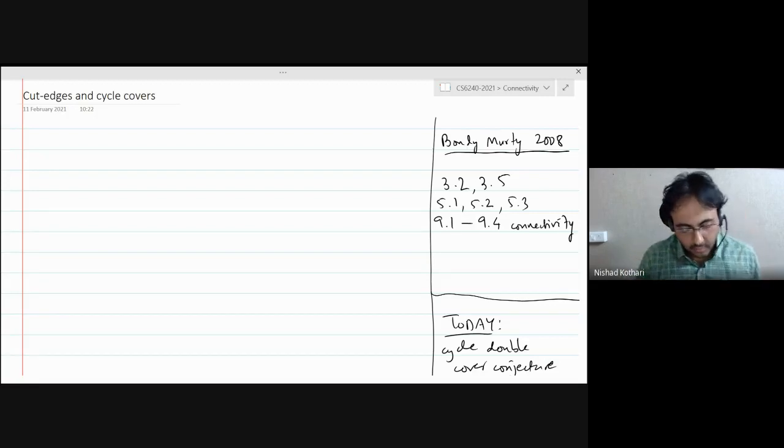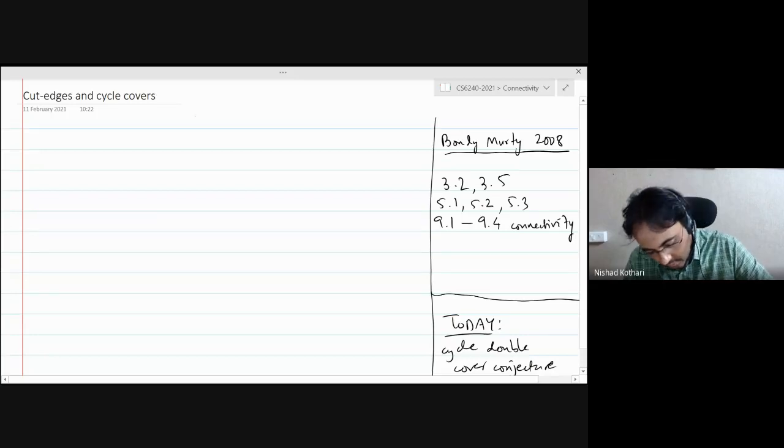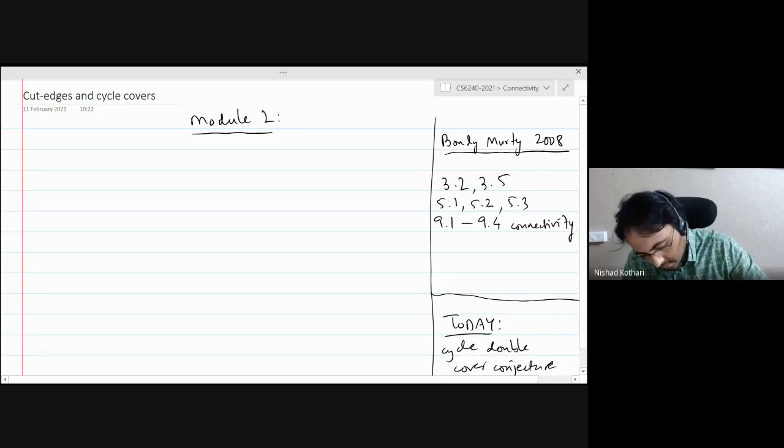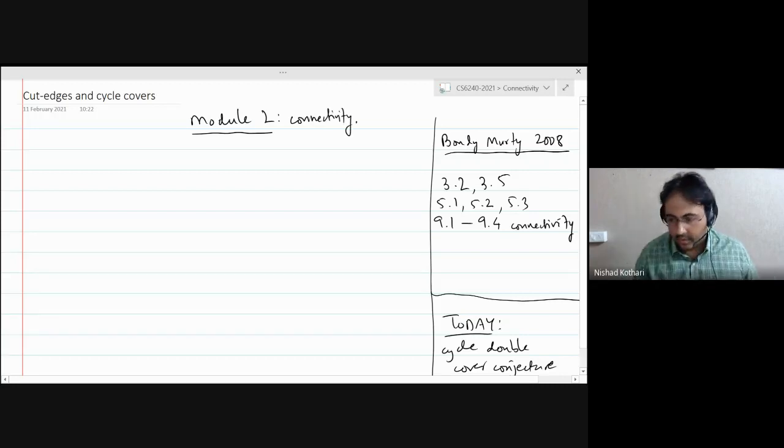So that's one of the reasons connectivity is really crucial. So we are starting module 2. Connectivity.